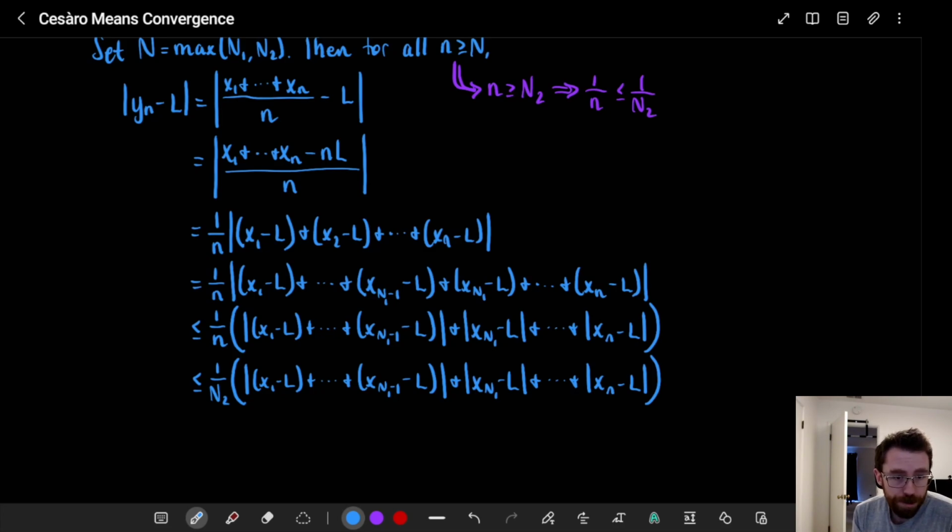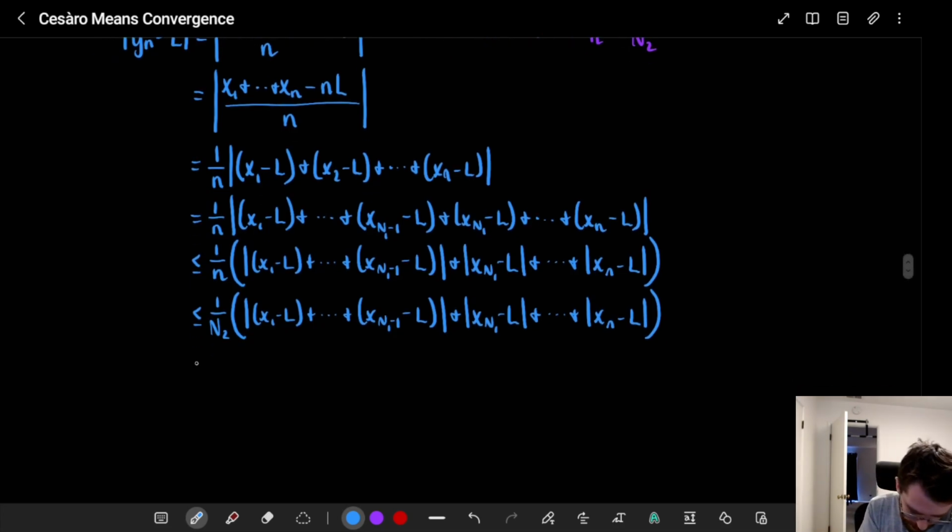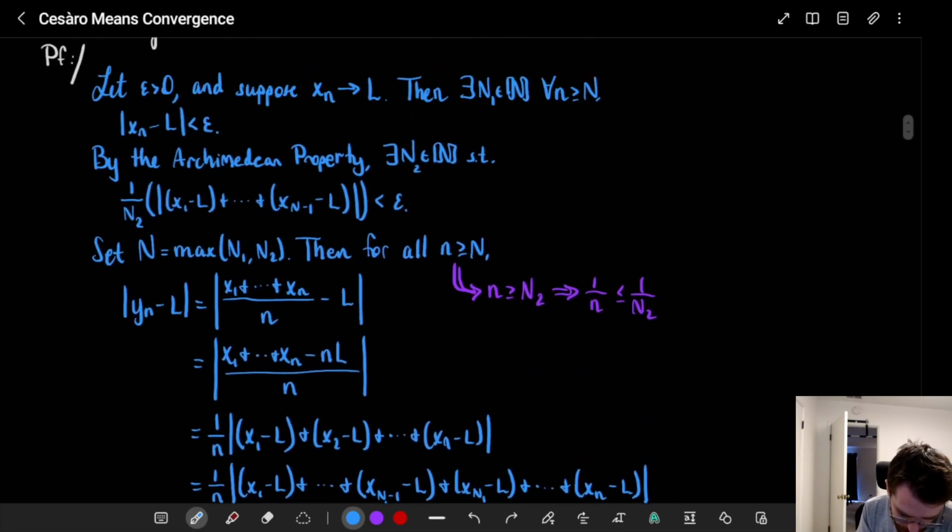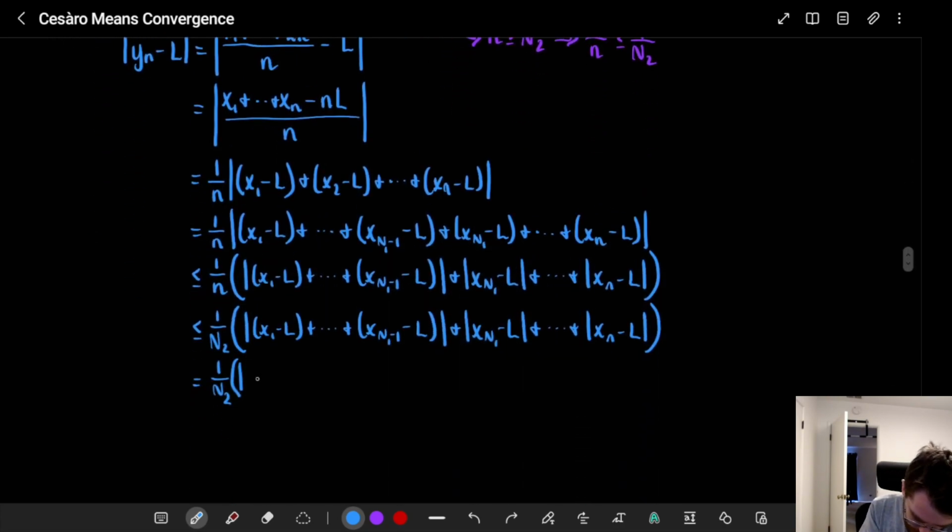And that's good news, right? Because now I have 1 over big N2 times the quantity I care about, exactly the quantity I care about, with one small thing that I might have to handle, plus 1 over n.